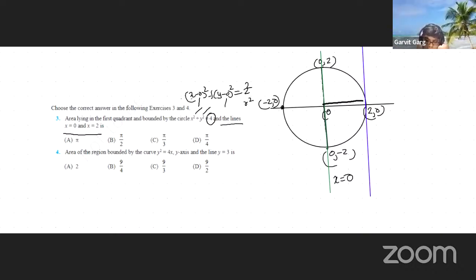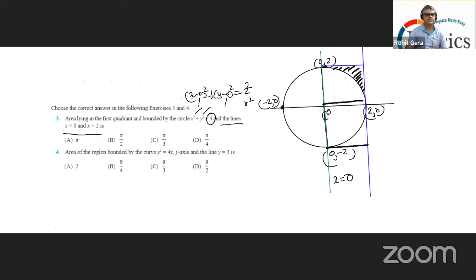Okay, so to me, what it means is this. I think if I draw a line here and then I draw a line here, so this area seemingly is what he means. So the line x is equal to 0 is the y-axis.